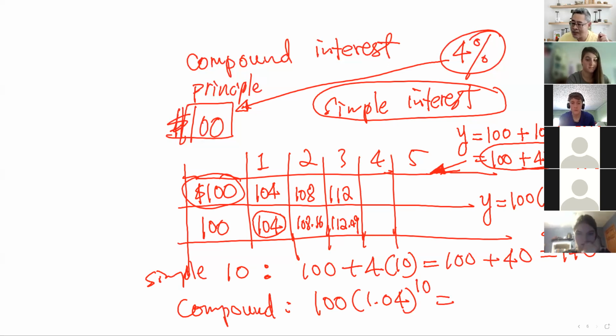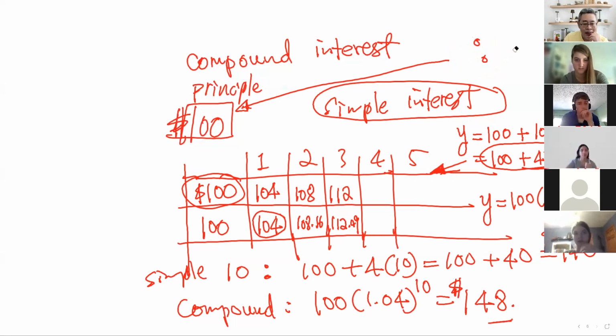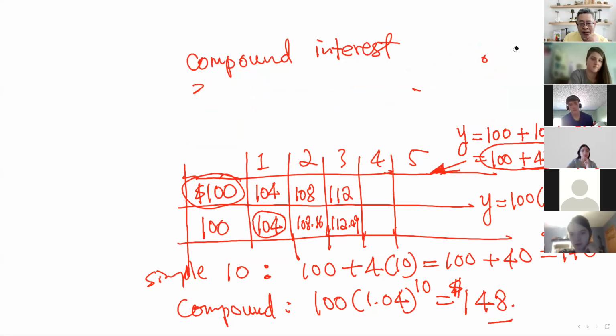Well, that's where the calculator comes in. We got 148. The only difference is $8. Not much, right? That's because it's not long enough yet.